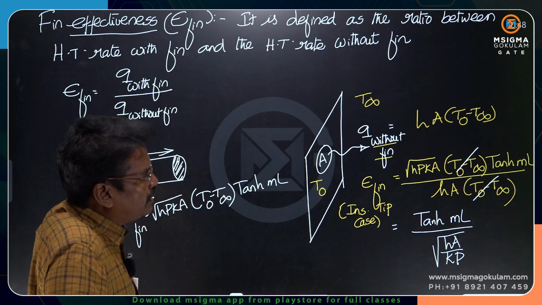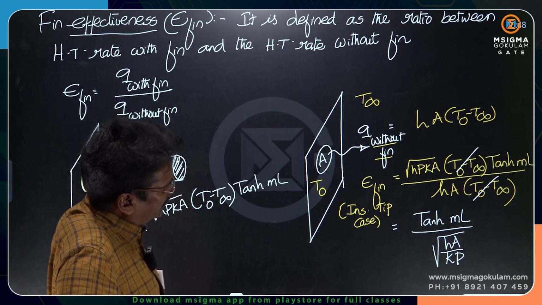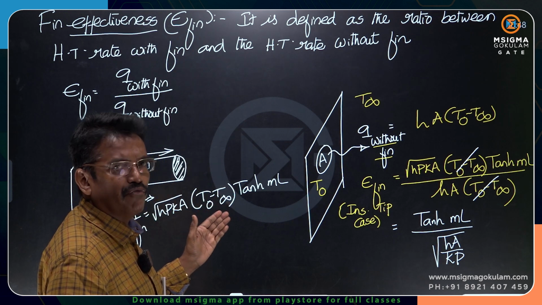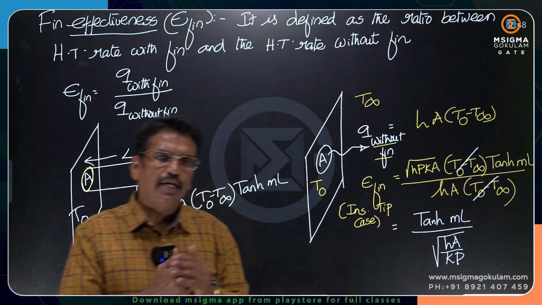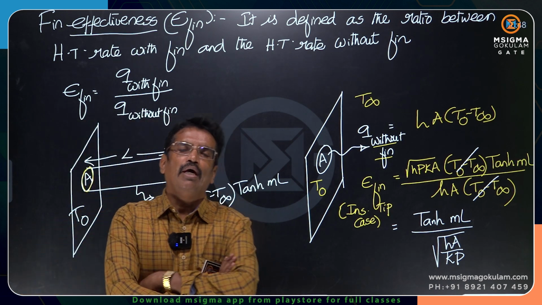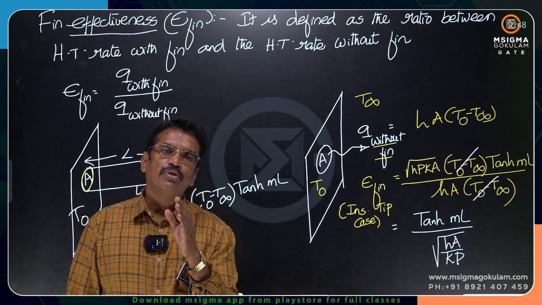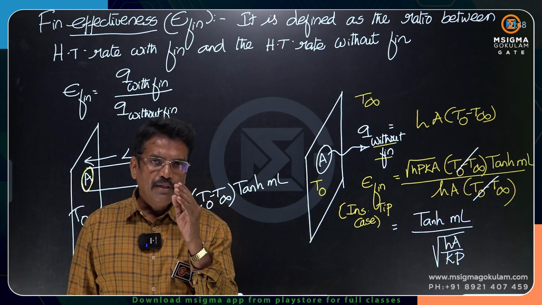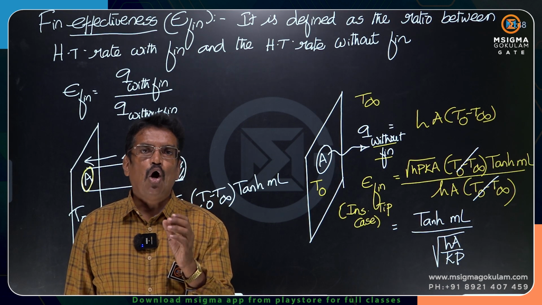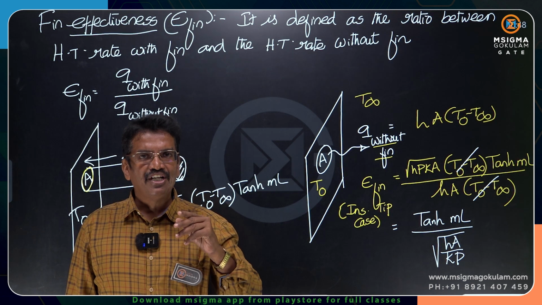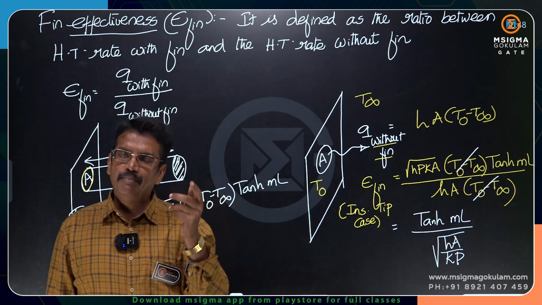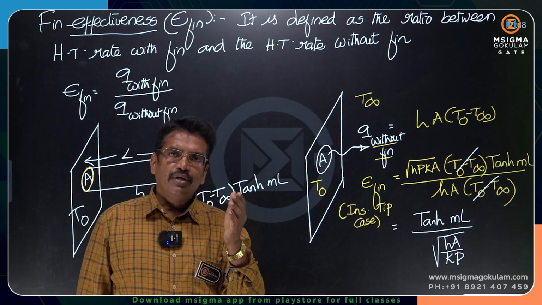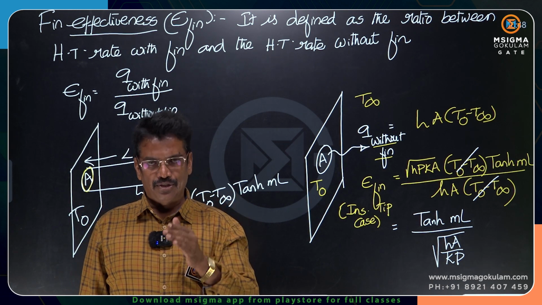What is the physical significance, the physical meaning of this effectiveness of the fin? If you just look at the definition, effectiveness of fin tells us by keeping the fin, how much percentage increase in heat transfer rate we are able to achieve. I mean to say, whether the fins are really helping us or not.